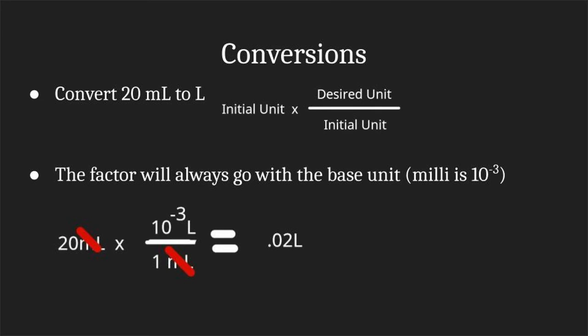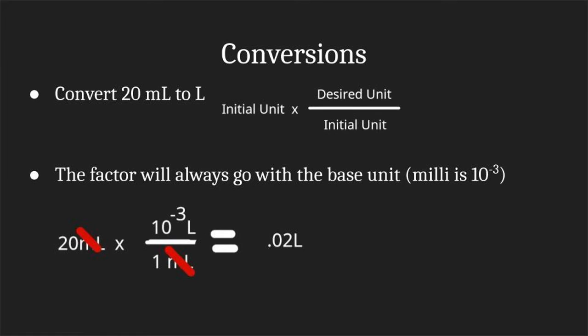Here we converted 20 milliliters to liters. So our initial unit is milliliters and the desired unit or the unit we're going to is liters. So first, we could just fill in what we're given for our first initial unit. So we're given 20 milliliters. And then we need to set up our conversion factor. So the factor, or the parts with the exponent, will always go to our base unit.